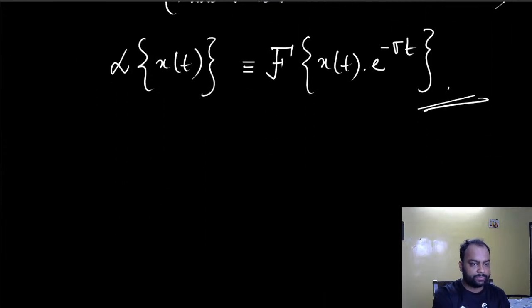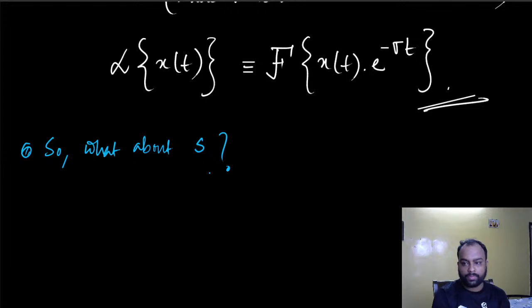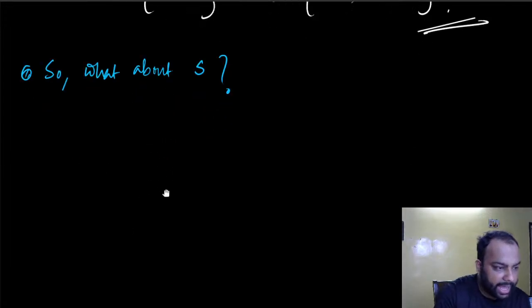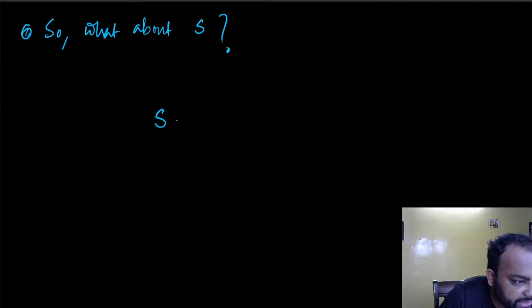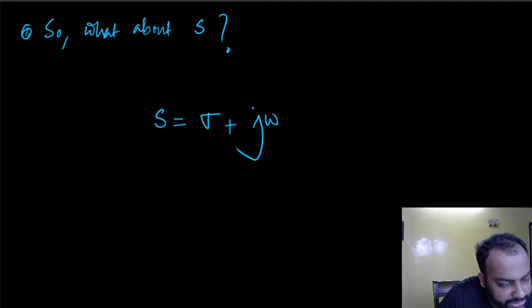So what about s? We have written s equal to sigma plus j omega.